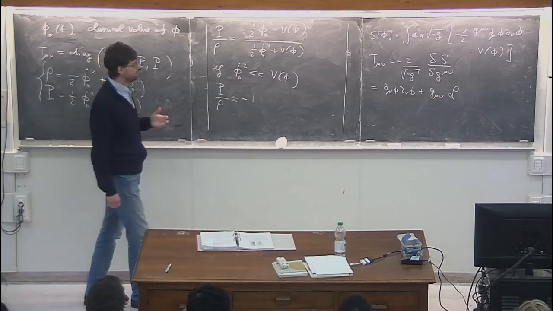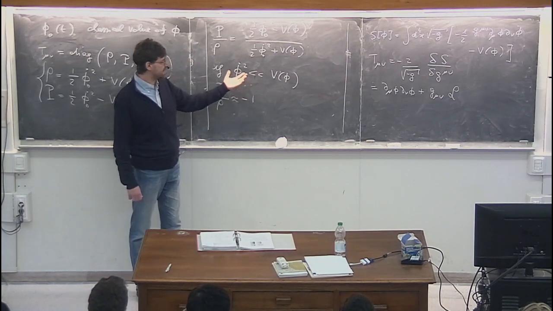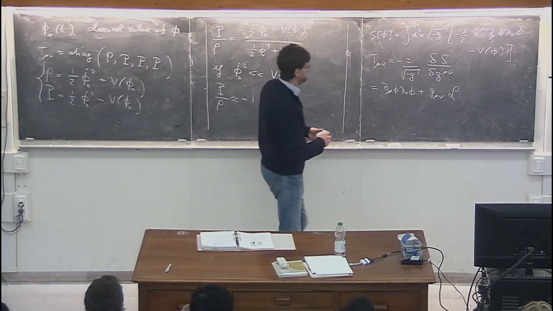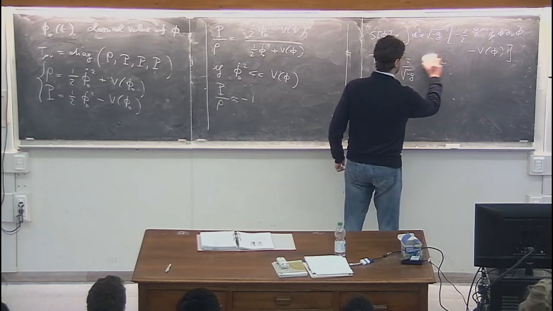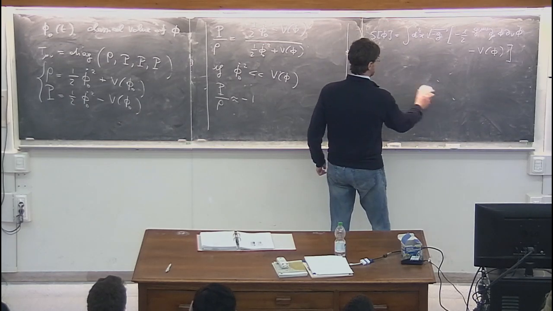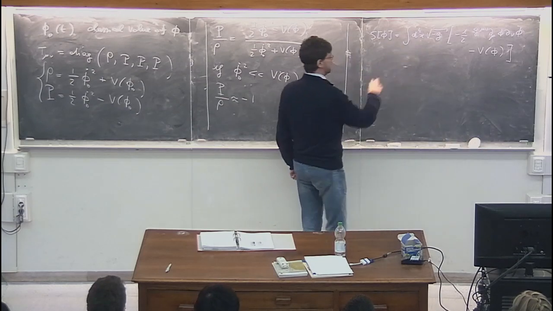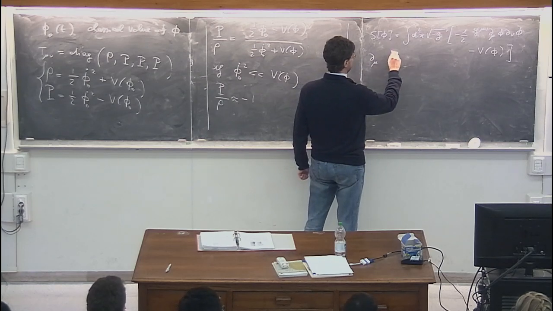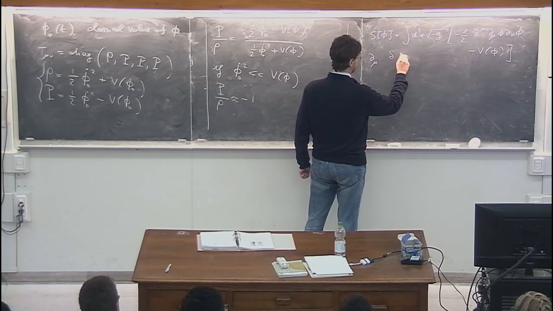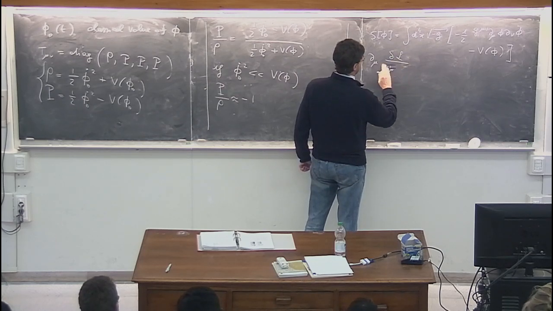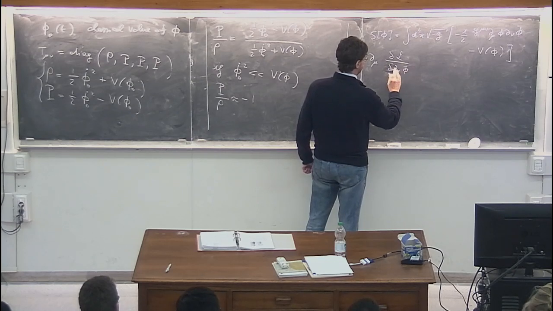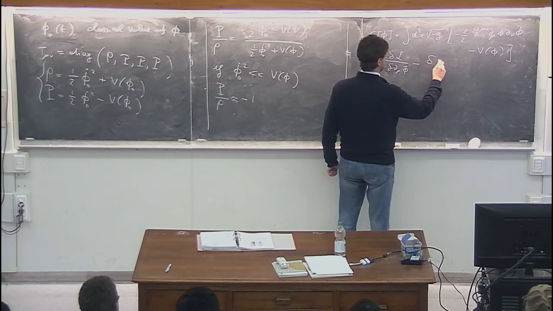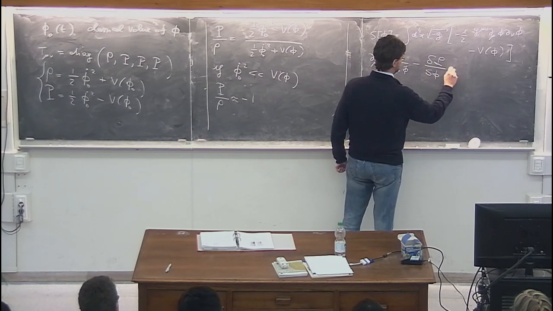So now let's be a little bit more quantitative and let's discuss what this condition is telling us. First of all, let's find the equation of motion of this system. So we will keep the action here, and you know that the equation of motion are simply the derivative with respect to x mu of the variation of the Lagrangian with respect to the derivative mu phi, minus the variation of the Lagrangian with respect to phi equals 0.